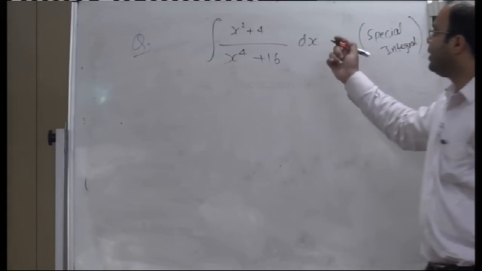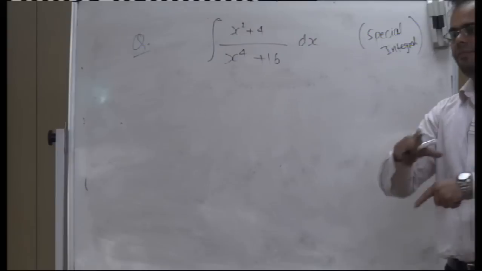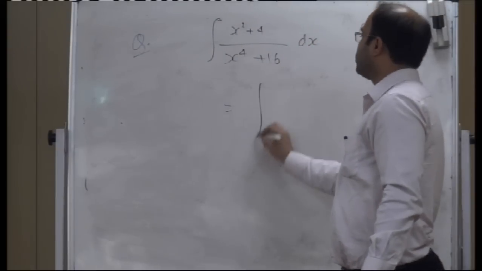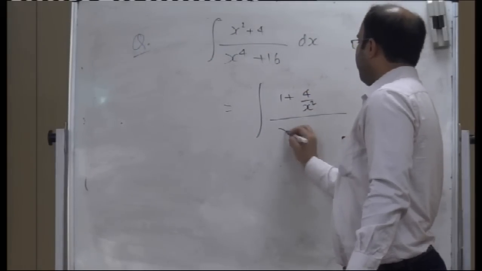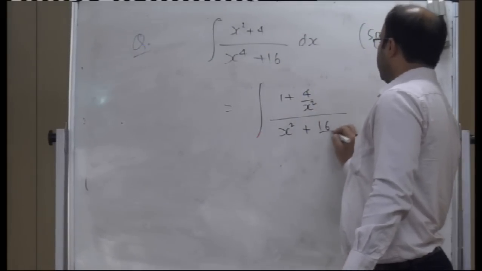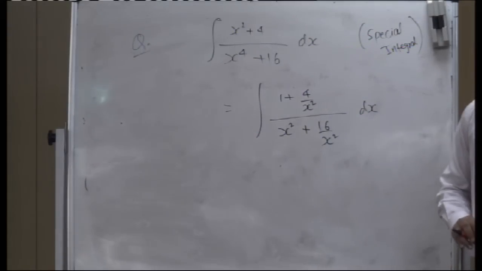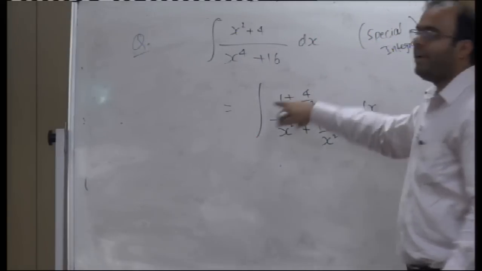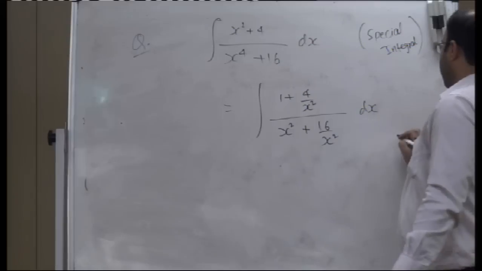Now in this case you have to do one step which will be applied to every such question. You divide by x square in the numerator, and you divide by x square in the denominator. So this is what we will get. And if you see this part as a derivative, this part is actually a derivative of x.